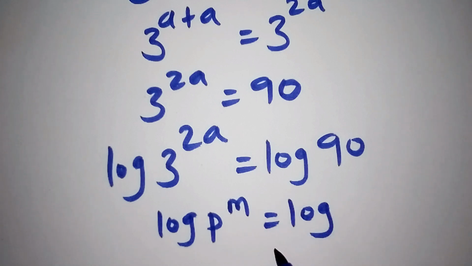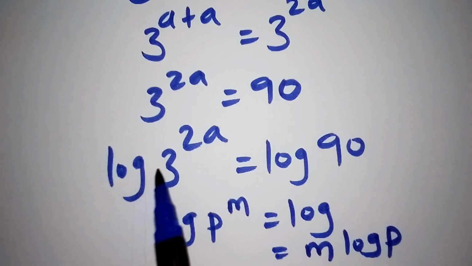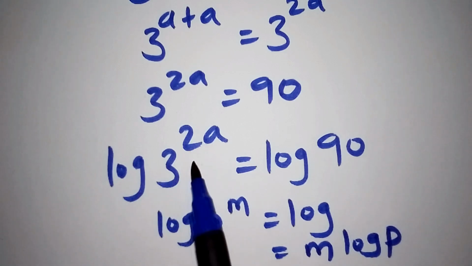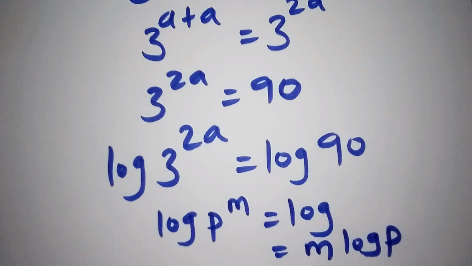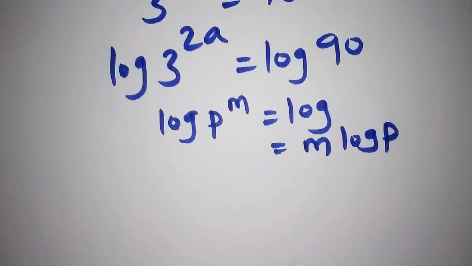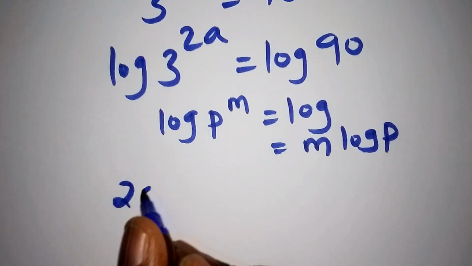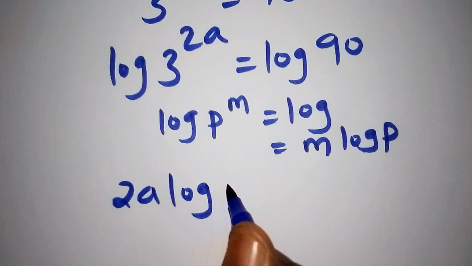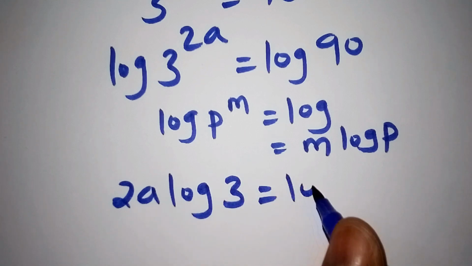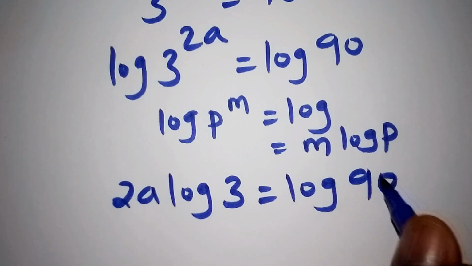So the log of 3 to the power of 2a is written as 2a log 3. So 2a times the log of 3 is equal to the log of 90.